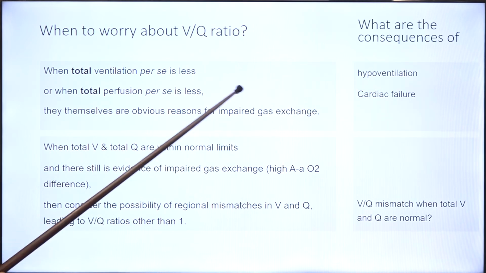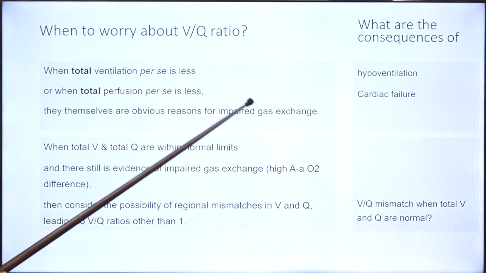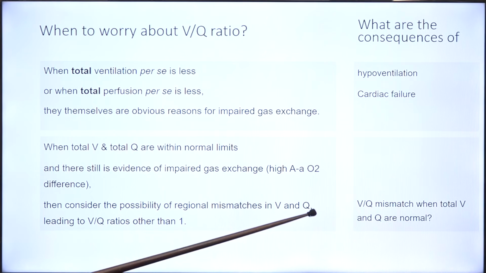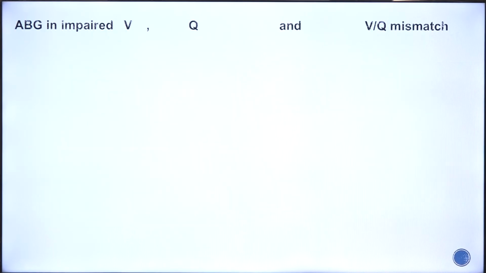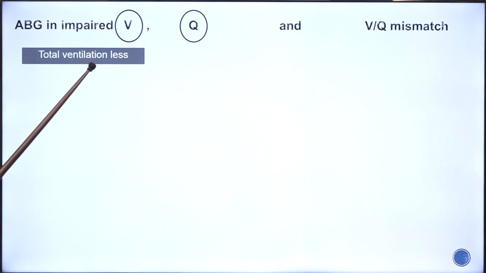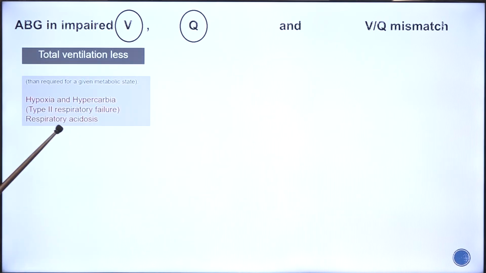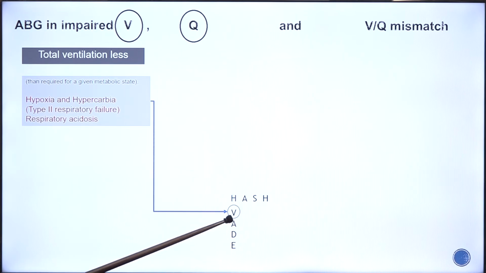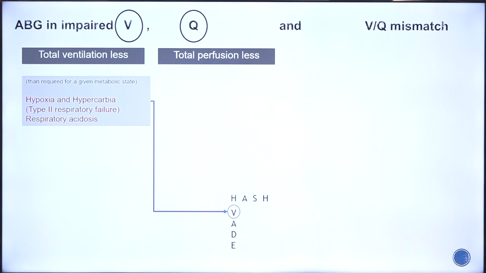What are the consequences of hypoventilation, cardiac failure, and accentuated VQ mismatch? When ventilation is impaired, when there is hypoventilation, there is type 2 respiratory failure. So, in our mnemonic, we had that listed as V for ventilation impairment.